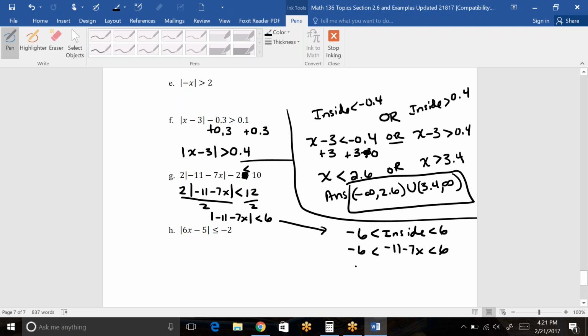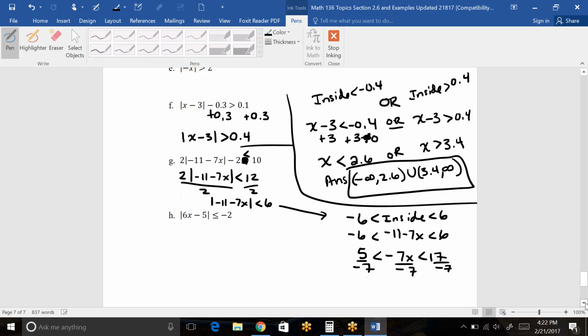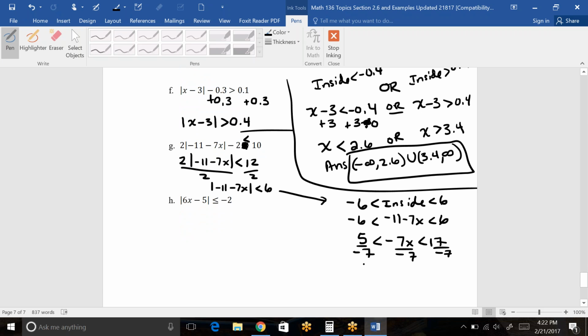So we add 11 to all three sides, so that would make this 5 and 17. And then we're going to divide everything by negative 7. Now, what happens here is when you divide this, it changes the direction of your problem. So this would be negative 5/7 is greater than x, which is greater than negative 17 over 7.